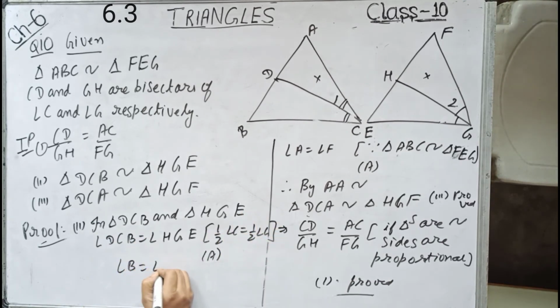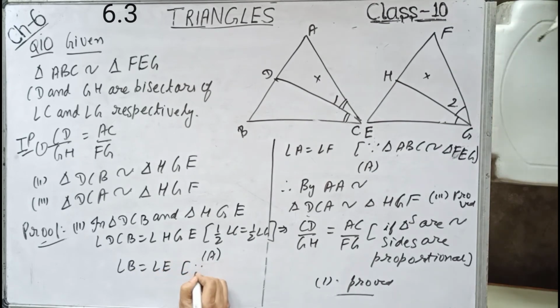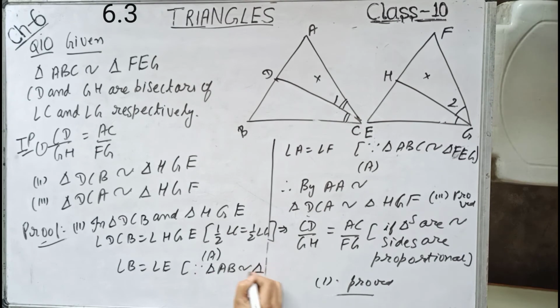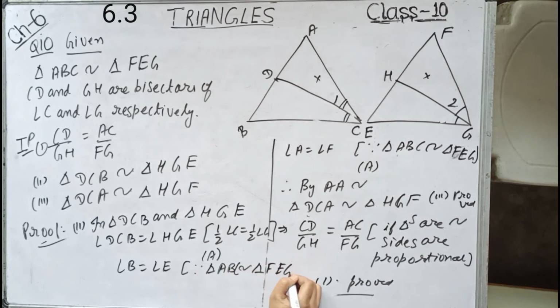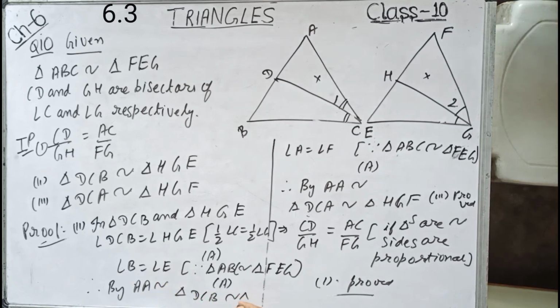Angle B equals angle E, since triangle ABC is similar to triangle FEG. So therefore by double A similarity, triangle DCB is similar to triangle HGE.